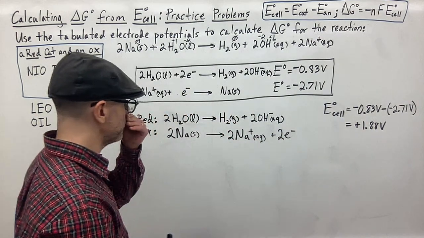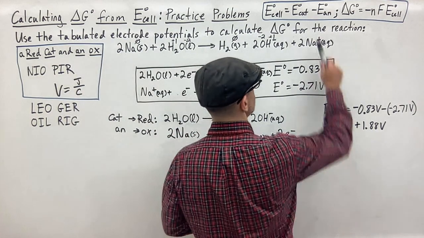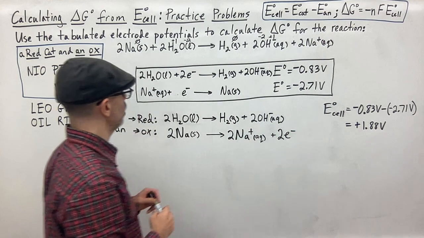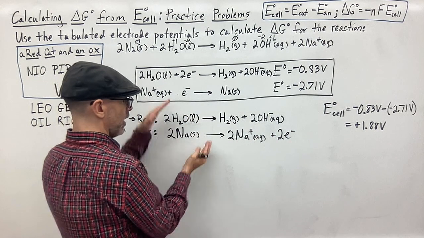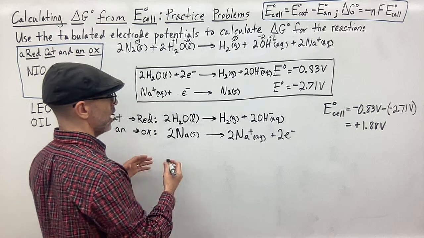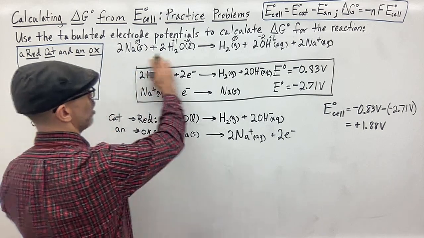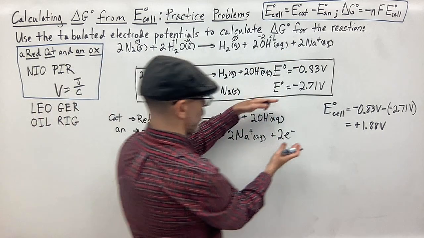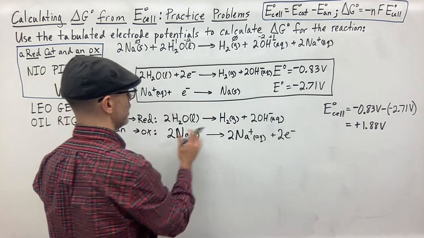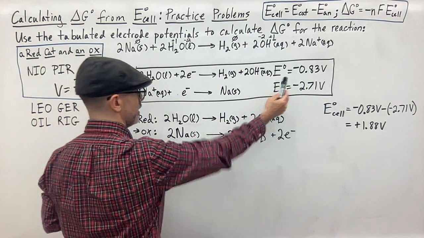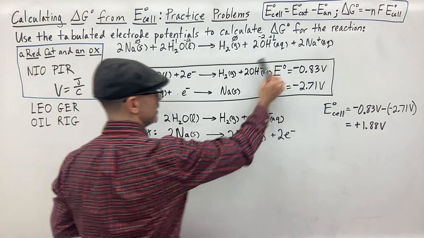Now, again, you can plug it into this equation, or what you can do is add these reactions together to get the overall reaction, and then add those electropotentials together as well. So what you could do is then use the table here to get the electropotentials.